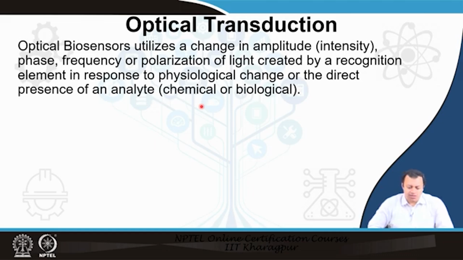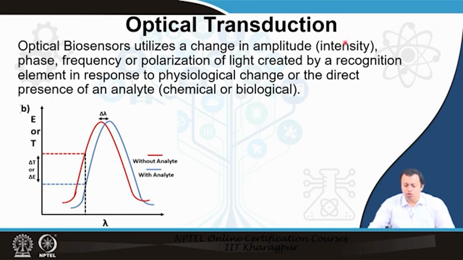So, optical biosensors utilize a change in amplitude, intensity, phase, frequency or polarization of light created by a recognition element in response to a physiological change or the direct presence of the analyte, chemical or biological. So, without analyte, this is the native response, lambda versus intensity, right.